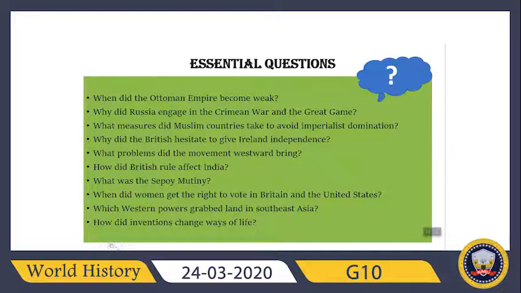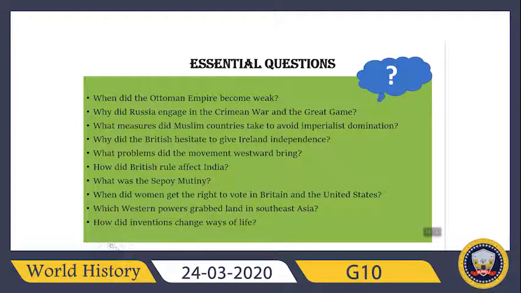Okay, then like always, I collected a few questions for you that you must find the answers to. But these are not the only questions. You have to see others as well, and especially at the end of each chapter you will find an assessment, so you have to attempt those assessments as well. A few questions: when did the Ottoman Empire become weak? Why did Russia engage in the Crimean War and the Great Game?